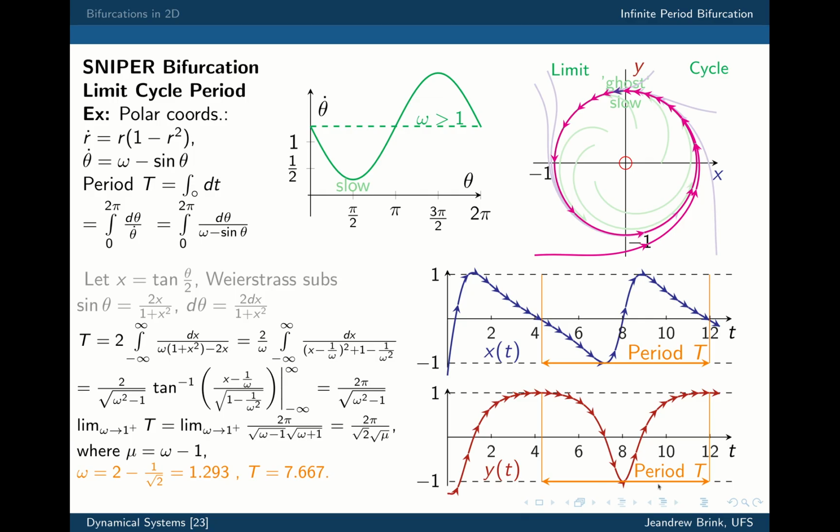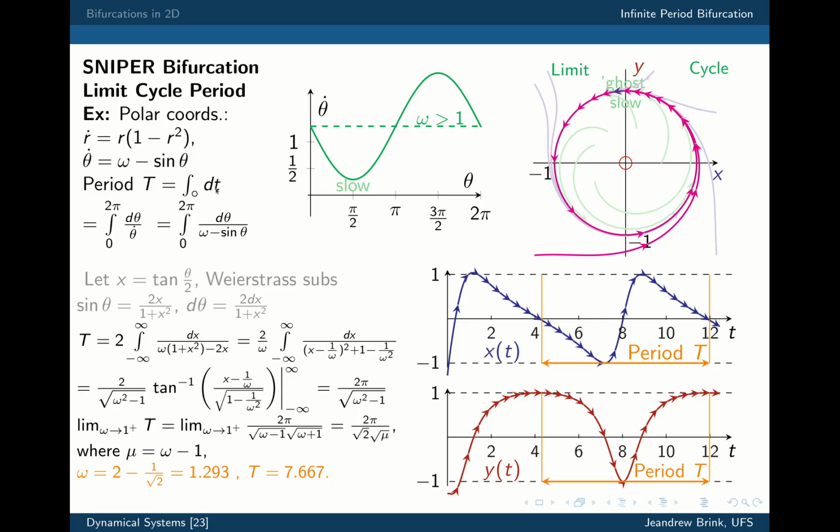Okay, so in conclusion, we've basically stated that we can compute the period of the sniper bifurcation's limit cycle analytically in this case, because we can actually integrate over the whole of the limit cycle and simply use our expression for theta dot in terms of omega and theta to do the integral.